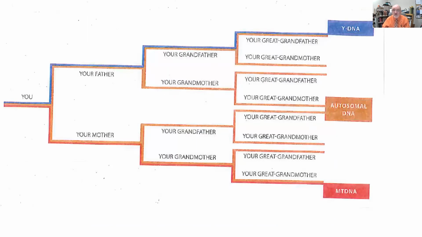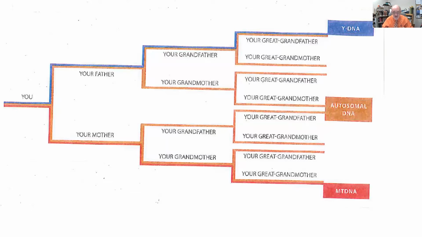The blue line, which is on the top, is the Y DNA from the father, from your grandfather, great-grandfather, all the way back, and shows the descent of the chromosome from father to son. The red line, which is at the bottom of the diagram, shows the descent of the mitochondrial DNA from the mother to all of her children, but only a daughter passes it on to each of her children.